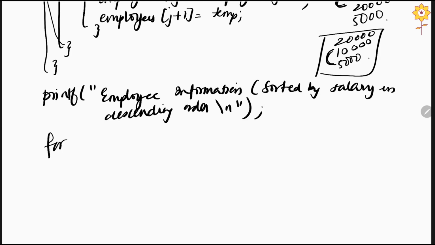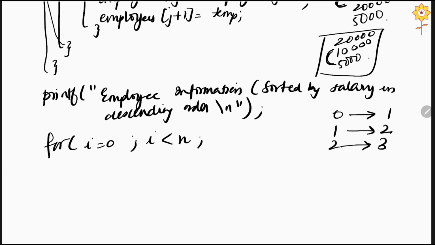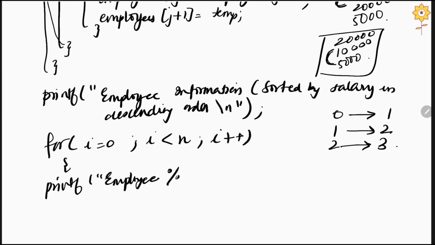Now, the same for loop, i is equal to 0, from the 0th employee till the 3rd employee. So, 0 is the first employee, 1 is for the second employee, 2 is for the third employee, right, and i plus plus, then you will basically print first the employee's name, right.